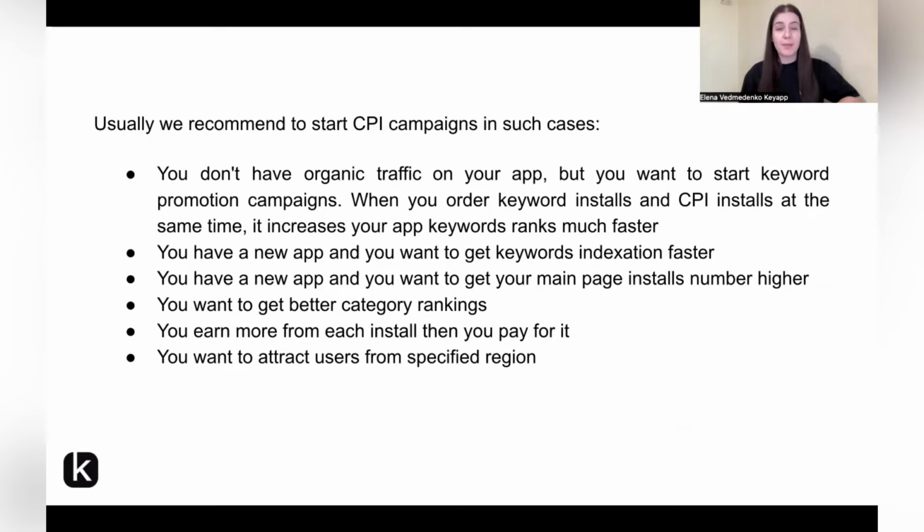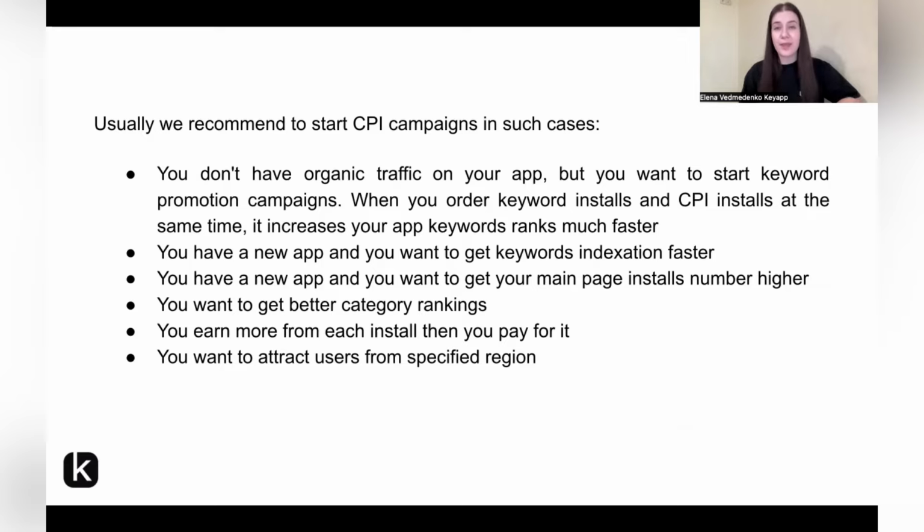So CPI campaign is a tool which can help with the indexation as well. By the way, in our previous video, you can check the details about the indexation situation on Google Play now and how all the updates influence the indexation process.